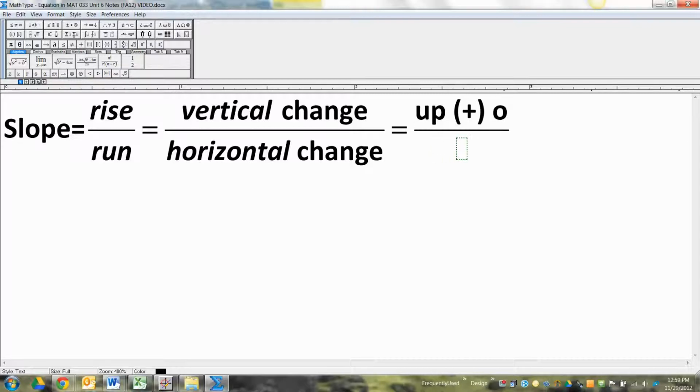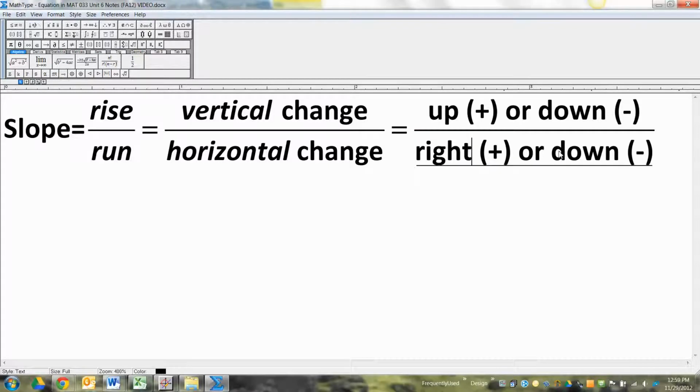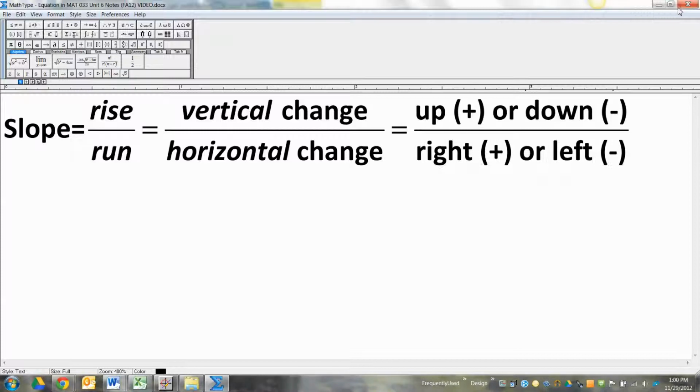And then down if the number up there is negative. Like in our case, it's negative 2. So up or down. Up and down are vertical words. And then horizontal would be to the right if it's positive, or to the left if it's negative.